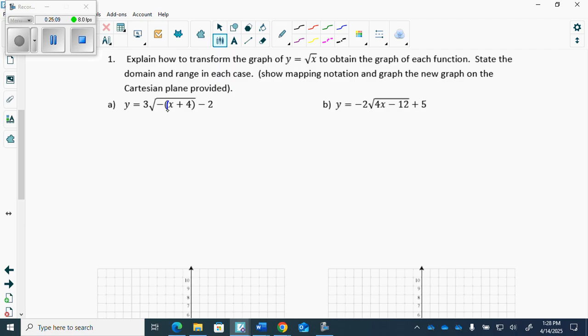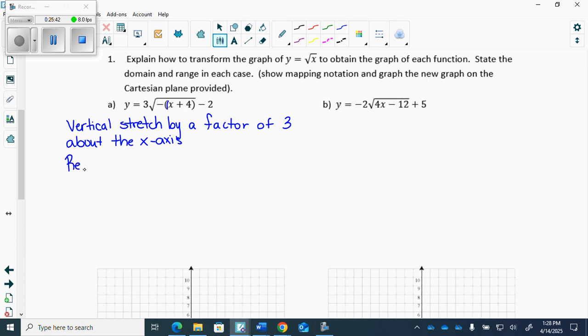So here we have a vertical stretch by a factor of 3 about the x-axis. Is there a horizontal stretch? No. Is there a reflection?